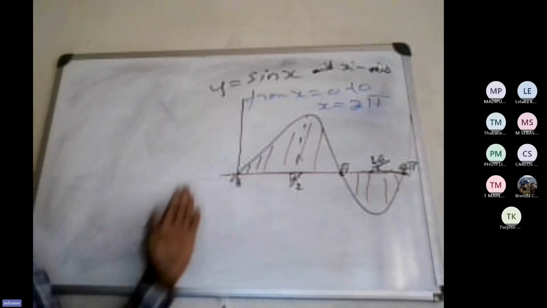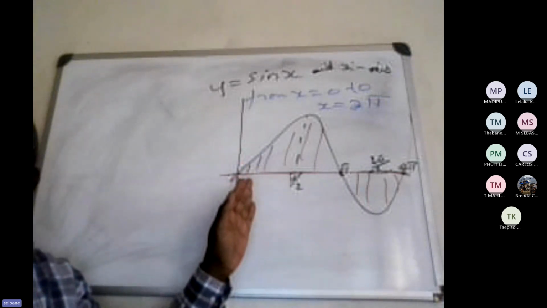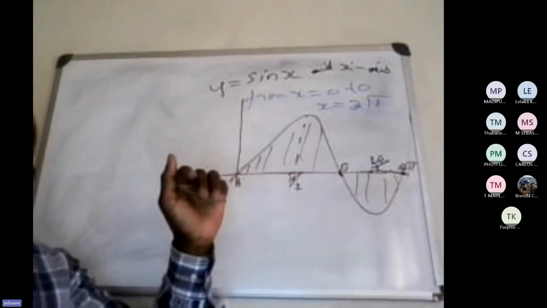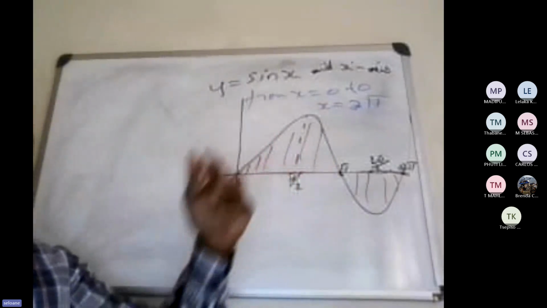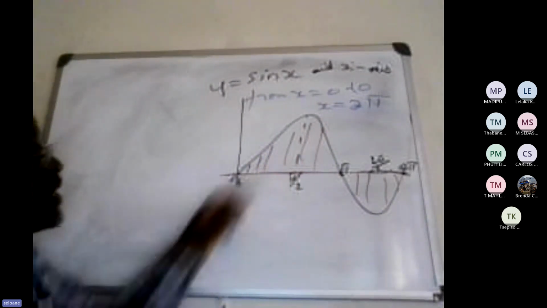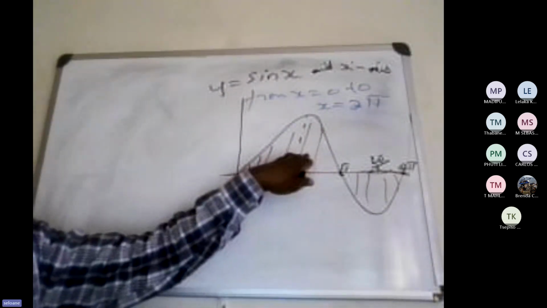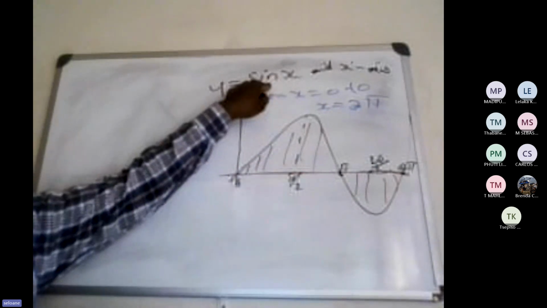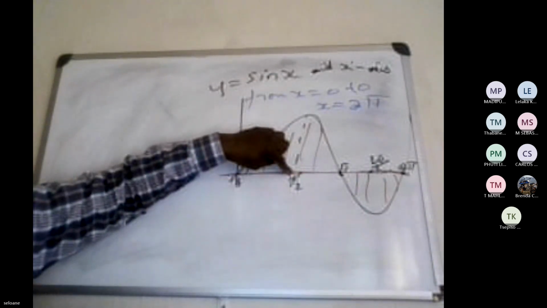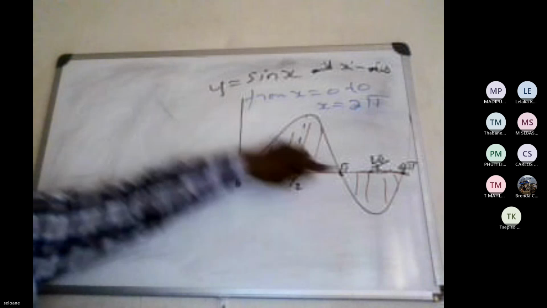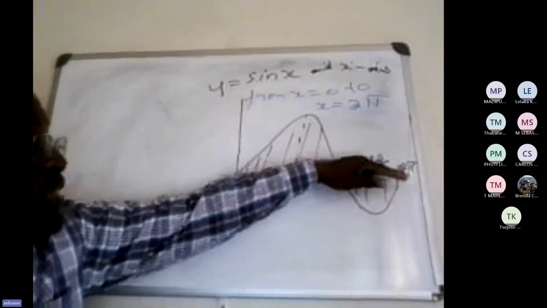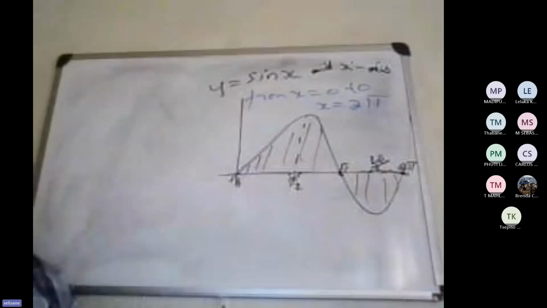Now you can see that in this region, the top function is sine x and the bottom is the x-axis. But now here, the top is the x-axis and the bottom is sine x.